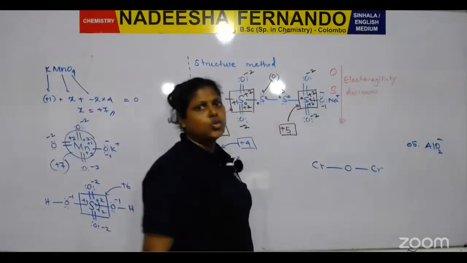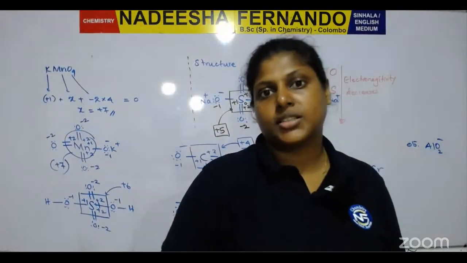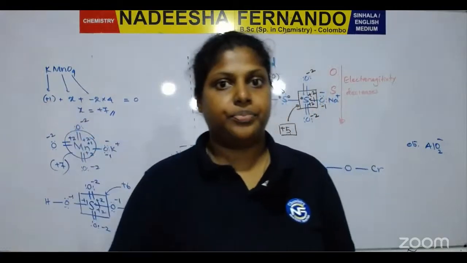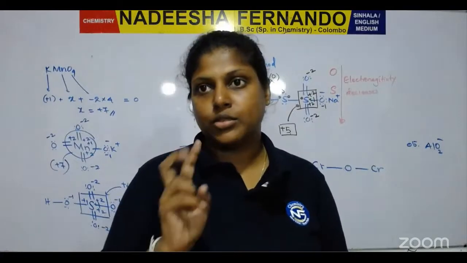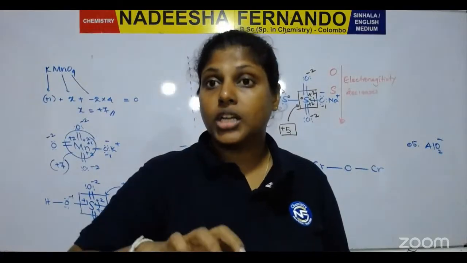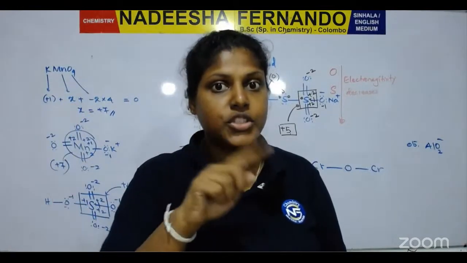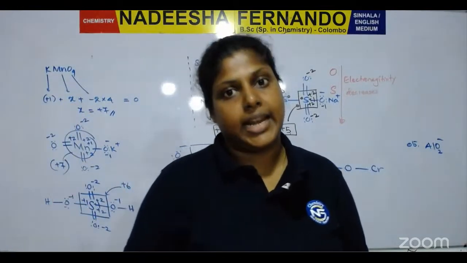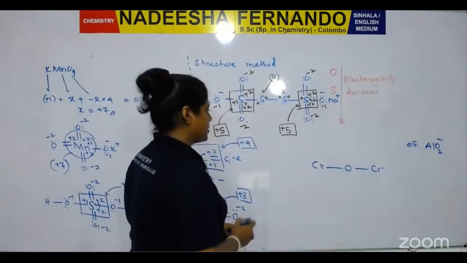When you have two central atoms with an odd number of oxygen atoms greater than 3, take one oxygen in between the two central atoms.